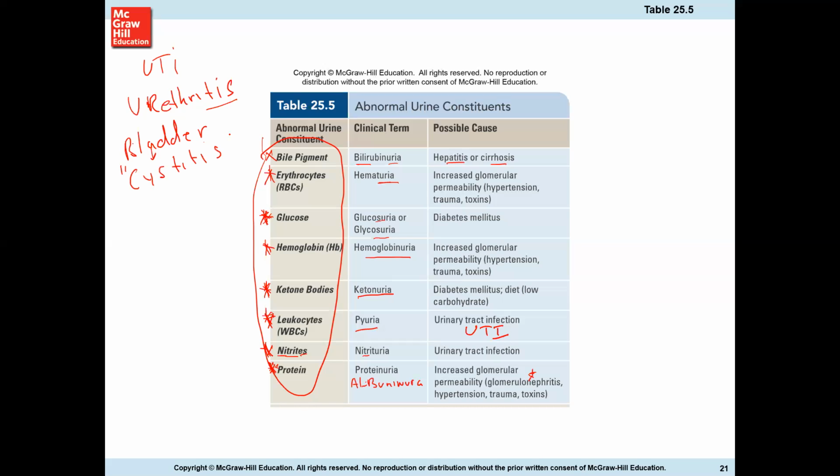So if the bacteria continues up the urinary tract, it can go into the ureters, and you can have a ureteritis, inflammation, immune response to a bacteria, mostly neutrophils, PMNs, polymorphonuclear cells.